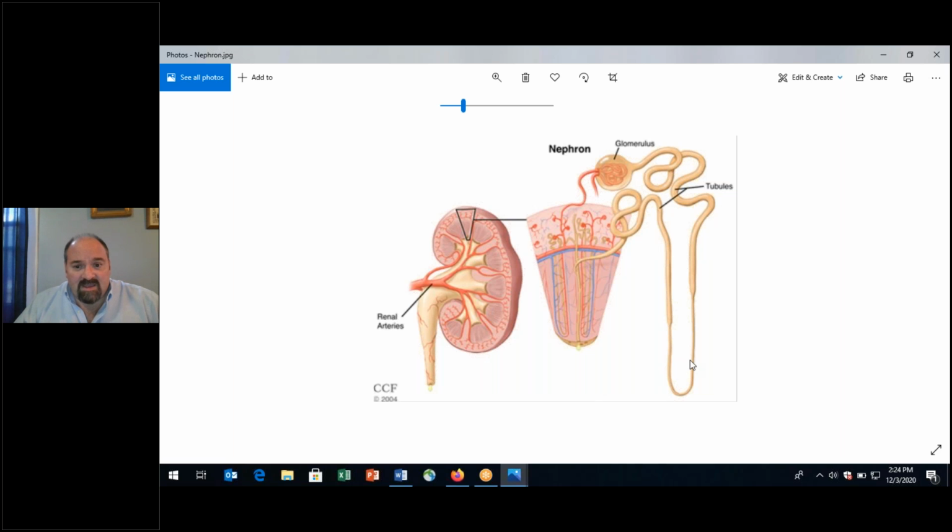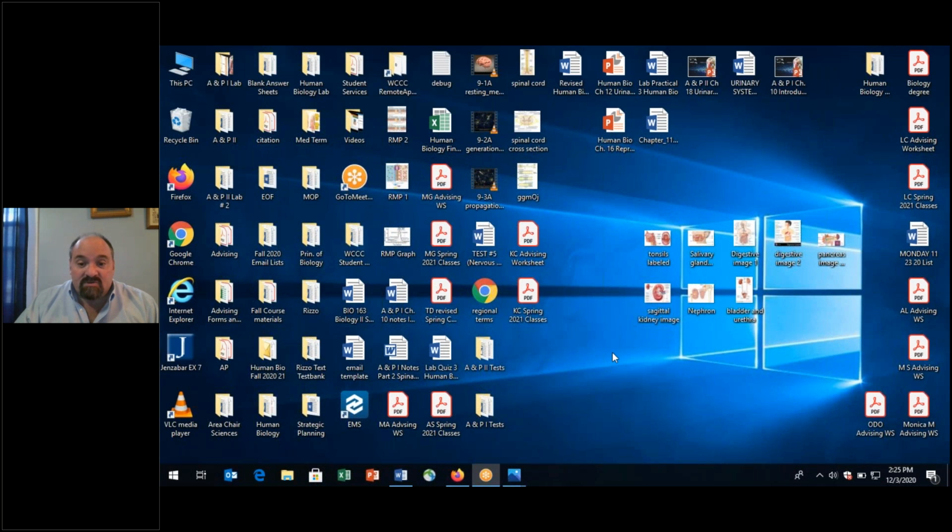So filtrate becomes urine when it gets into the collecting duct. We've reabsorbed a lot of water and nutrients and other important things, so that we're just excreting products of protein metabolism and a little bit of water. So that's the urine. So that's those structures.